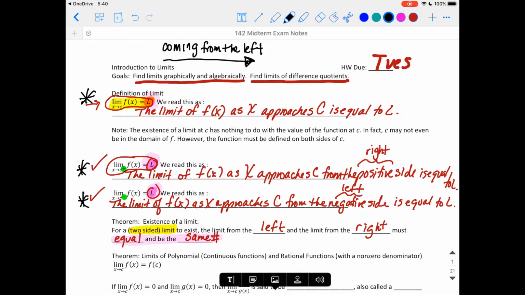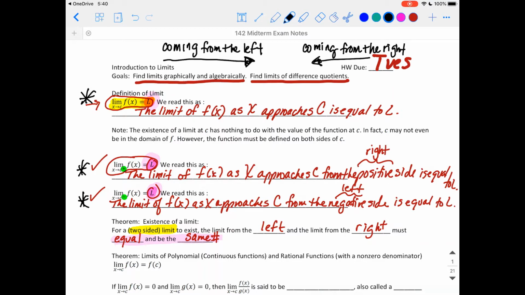And the other one, coming from the right, I'm literally going to come from the right to whatever x value I'm headed to.